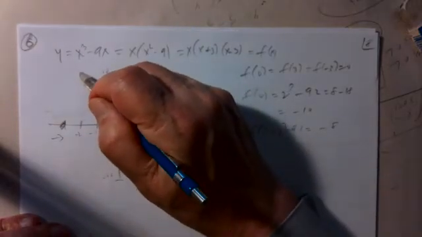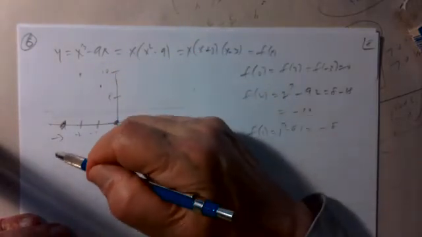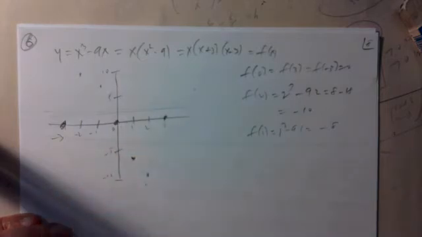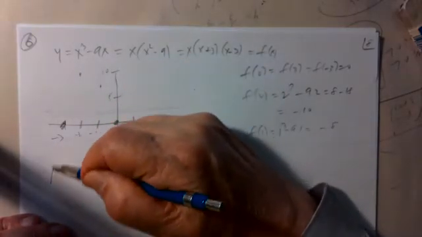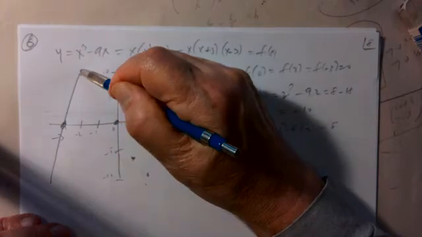And so somehow, this function is going to have a graph that looks something like this.